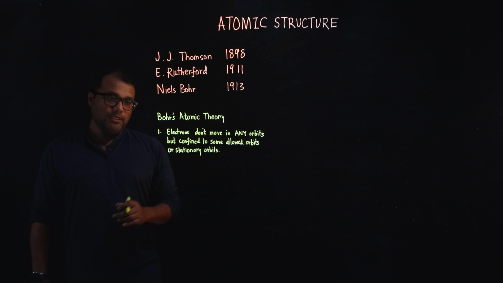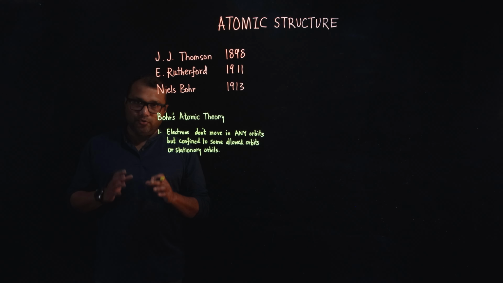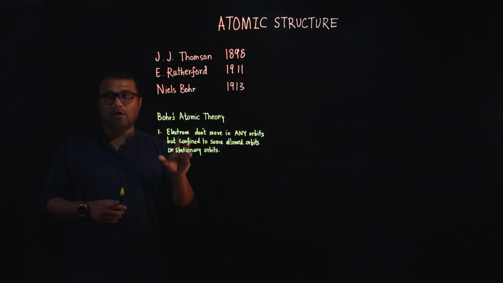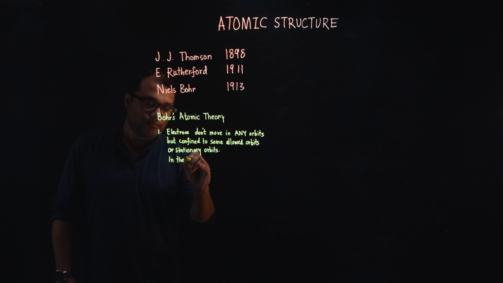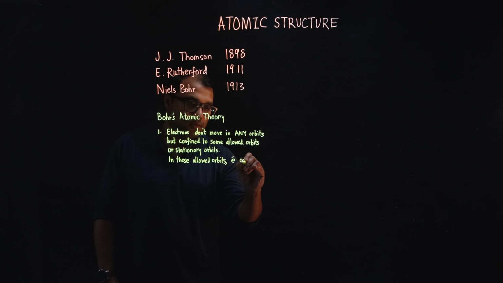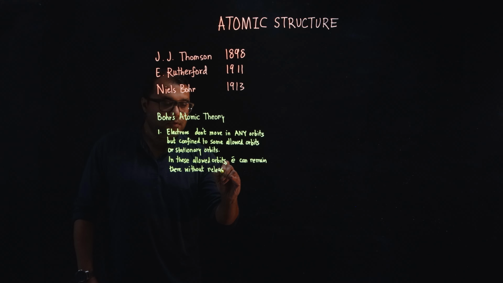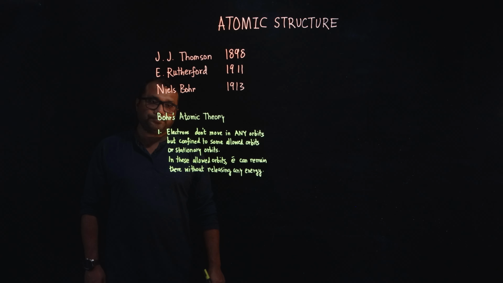So why stationary? By stationary, Bohr postulated that when the electron is in that orbit, it can remain in that orbit and not emit any radiation when it is moving around the nucleus. Okay?